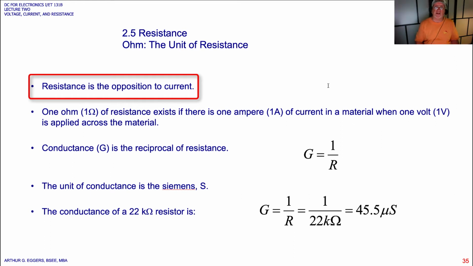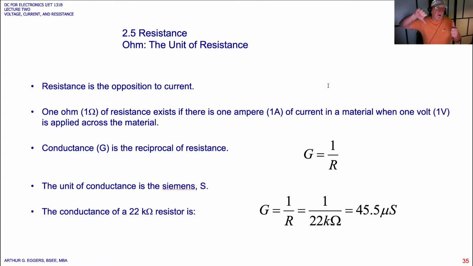So we need to start thinking about it. Keep in mind that as the amount of resistance goes up, the current should start to go down, and vice versa. As the resistance goes down, the current will start to go up. So we're going to see that when we develop something called Ohm's Law.